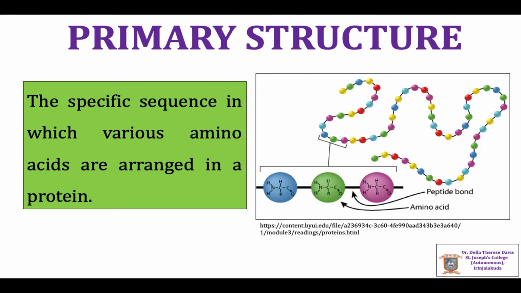The primary structure decides the biological activity of that particular protein. Hemoglobin contains 574 amino acid units arranged in a specific sequence.